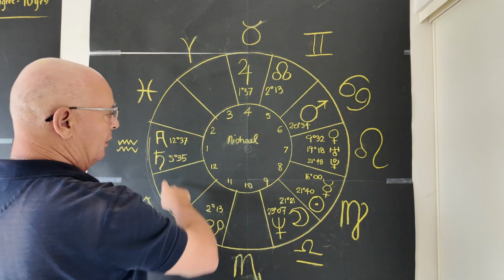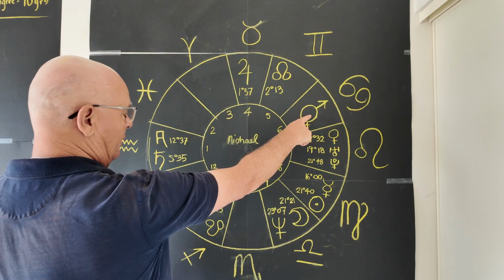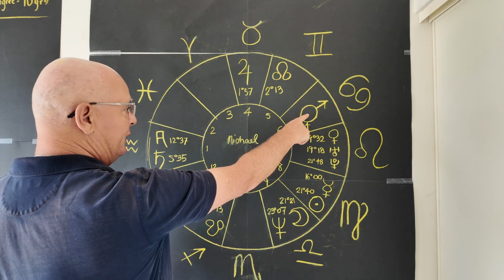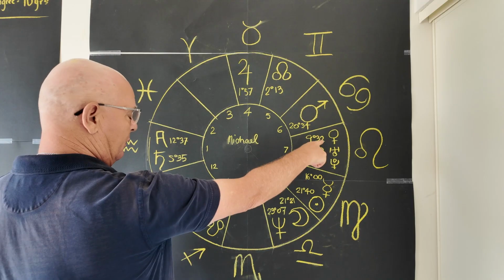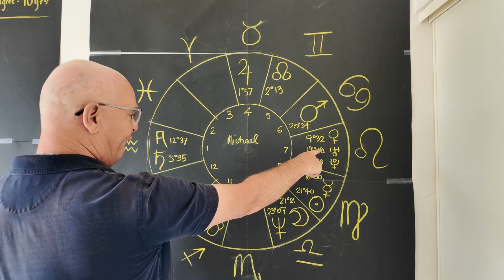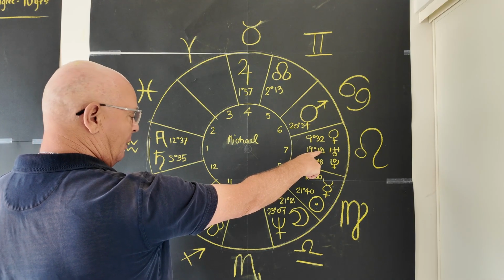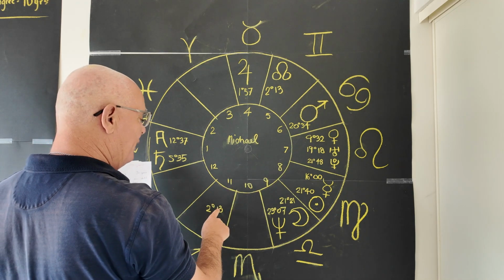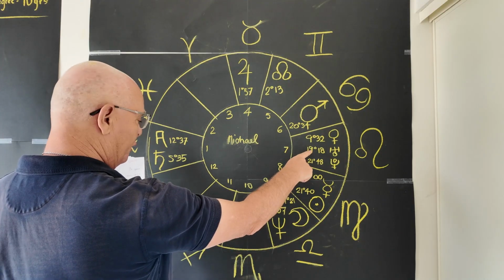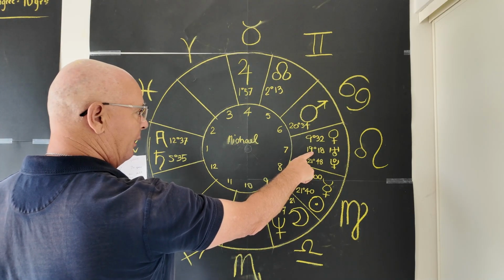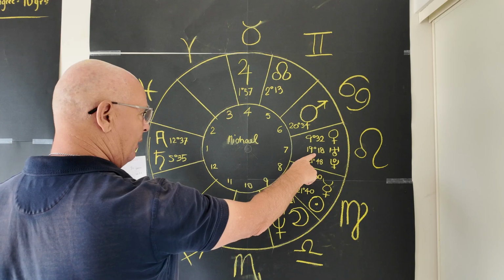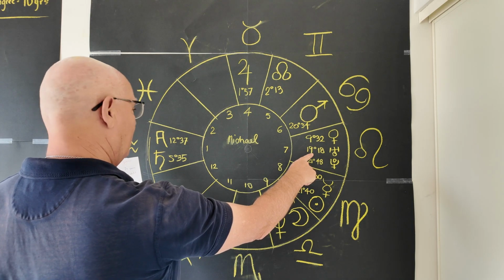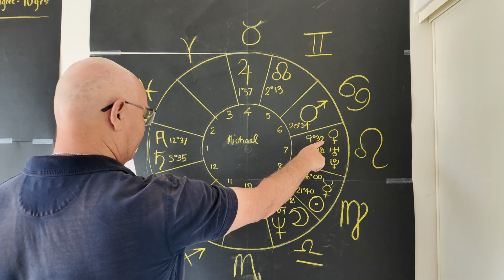From here all the way to here, 240, plus 7 degrees and 19 minutes brings you to Venus.